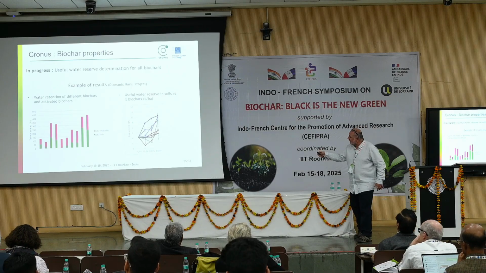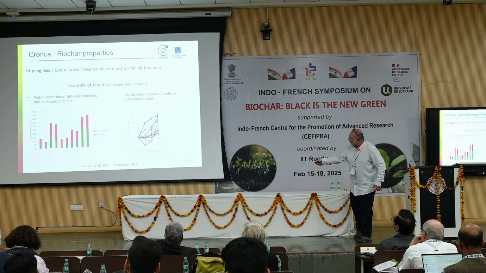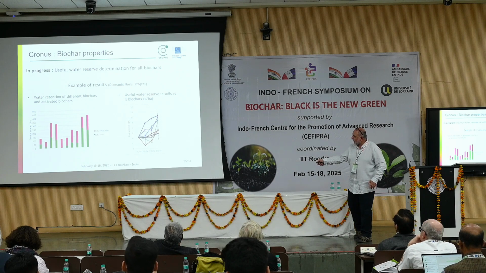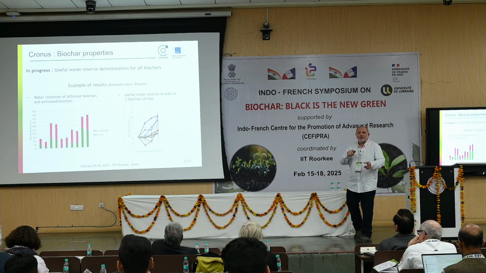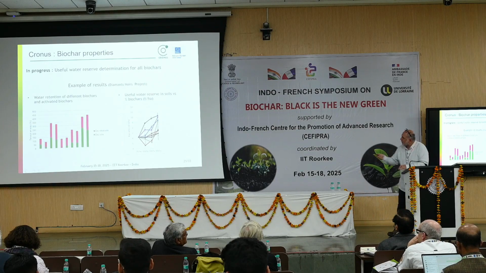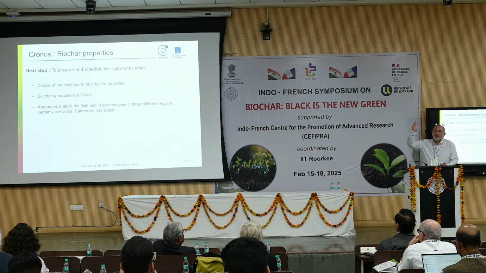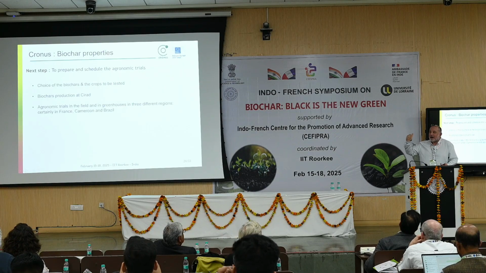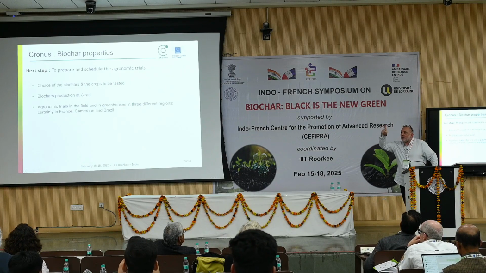Here you have different types of biochar from different biomasses, activated or not. So all these parameters are very important. And here you have how the water retention changes depending on the concentration of biochar carbon in the soil.